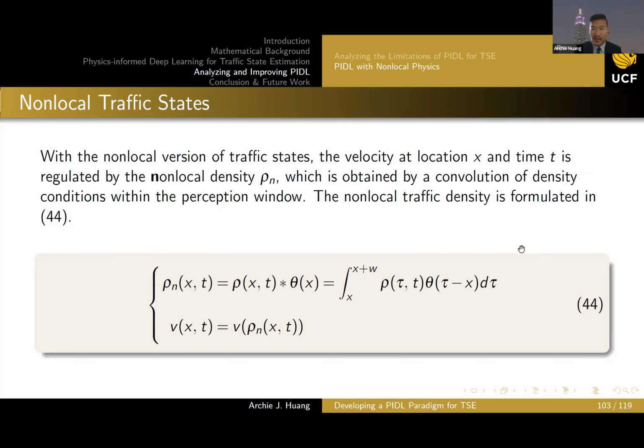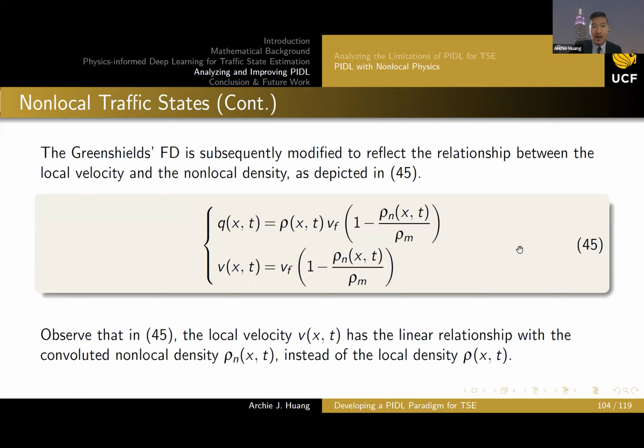We see in the second row of equation 44, now my local velocity V(x,t) is related to the nonlocal density rho_n. Continuing in pairing the Green-Shields fundamental diagram here, we will have equation 45. Again, in this second row, we see V(x,t) is now related to rho_n(x,t), the nonlocal density.